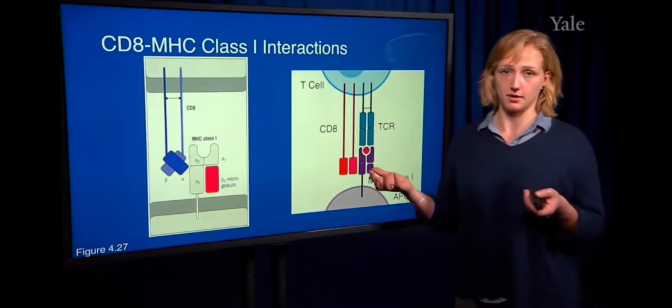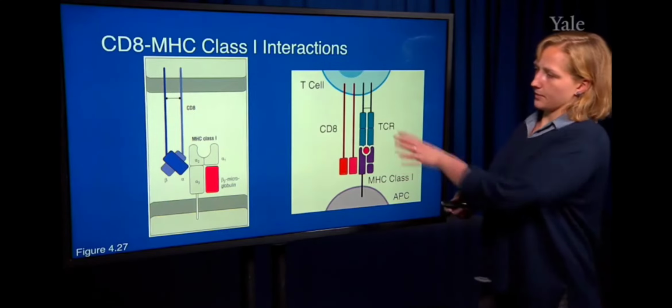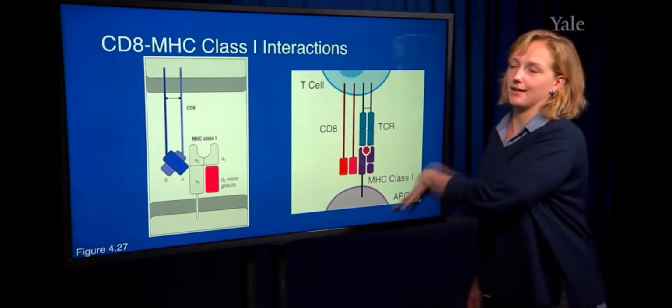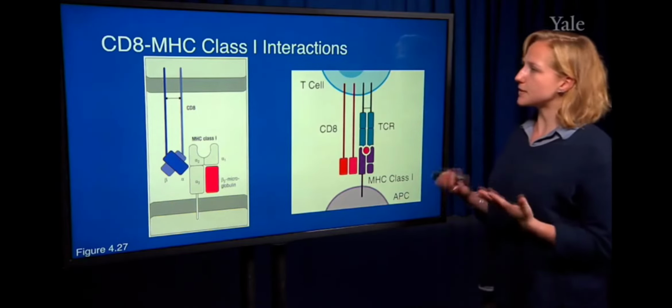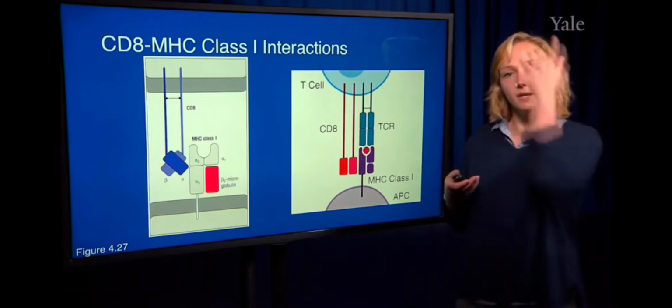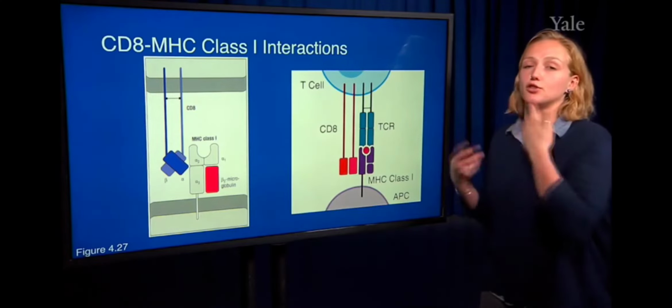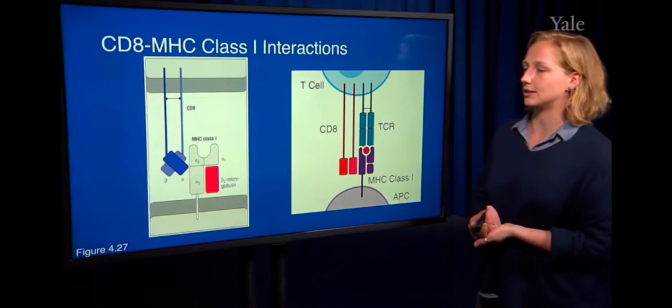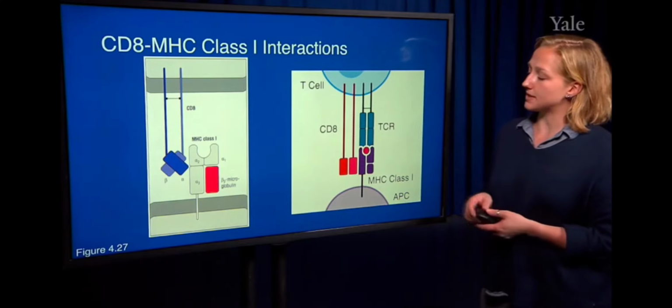This allows for the cytotoxic T cell to subsequently kill the cell that is infected. And this is really critical in minimizing the cells that would be generating large amounts of viruses or any other intracellular bacteria.